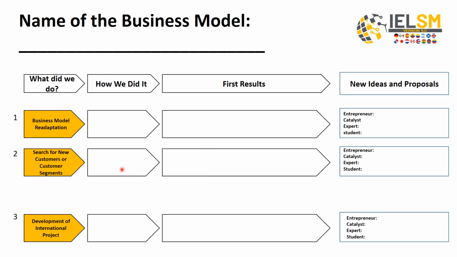And when you identify the information, you can identify the first results. It is a similar task to the one above about the business model adaptation, and you write here the first results. In this case, the entrepreneurs and the other participants in the session can give a lot of different opinions about the first results.